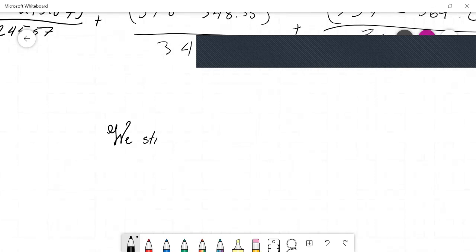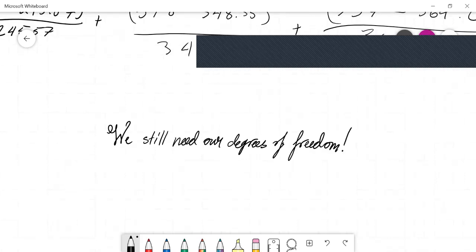But the one thing we still need is our degrees of freedom, because our degrees of freedom is what's going to tell us whether or not the statistic value is actually big.